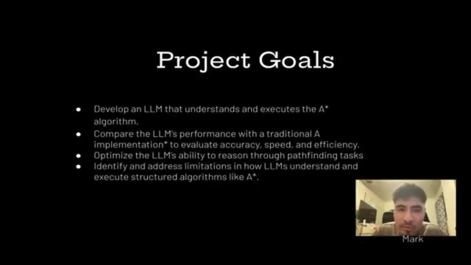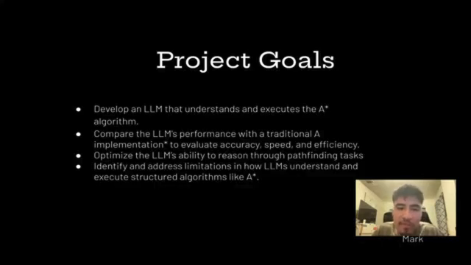So overall, our project goal is to develop an LLM that understands and executes the A star pathfinding algorithm correctly, precisely, and accurately. We will then compare the LLM's performance with the traditional A star pathfinding implementation to evaluate the speed, efficiency, and accuracy.